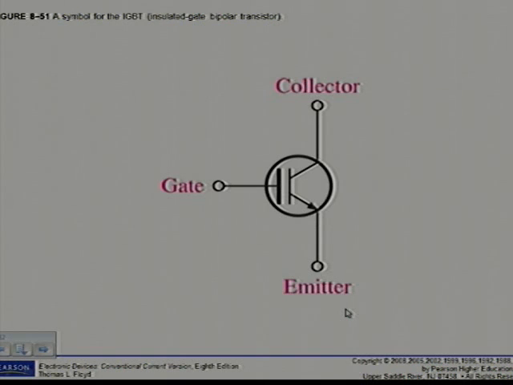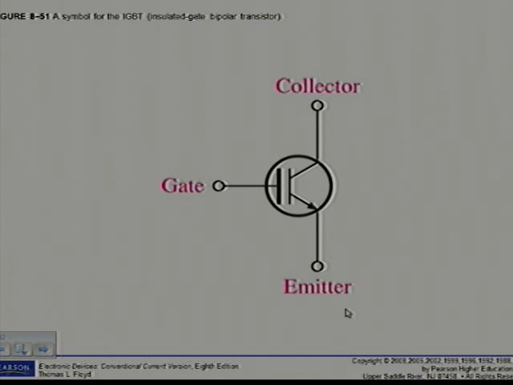IGBTs are superior to MOSFETs in some applications where they can handle high collector to emitter voltages exceeding 200 volts and exhibit less saturation voltage when they are in the on state. IGBTs are superior to BJTs in some applications where they can switch faster. In terms of switching speed, MOSFETs switch fastest, then IGBTs, followed by BJTs, which are the slowest.